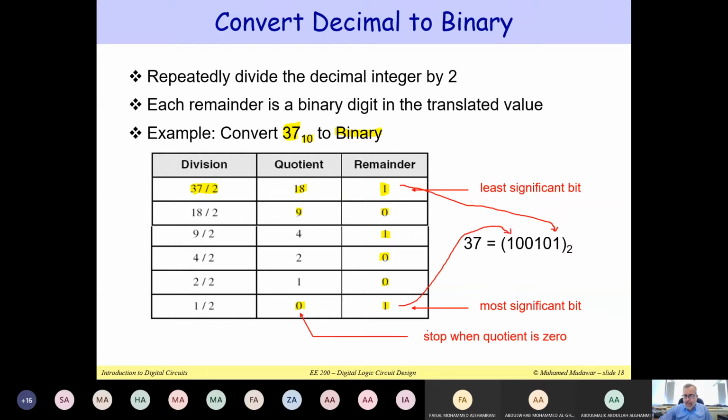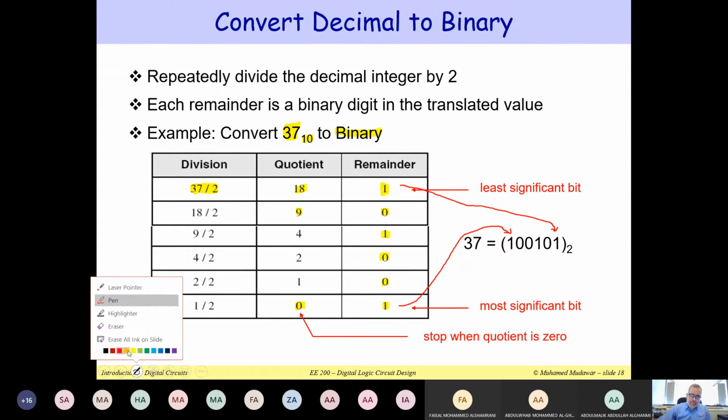So basically we have discovered the remainders. So the first remainder is the least significant bit, and the last remainder is the most significant bit. So basically we fill these bits from the right and we move to the left. Is this clear? This is very important.